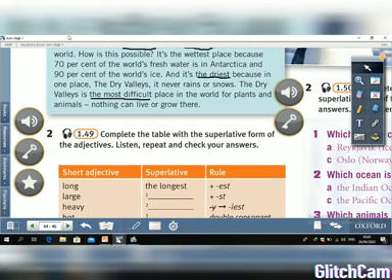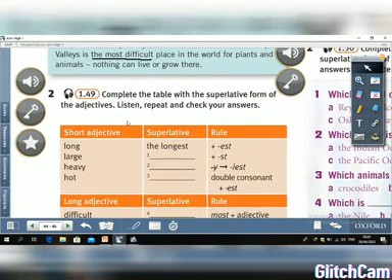When I say Ahmed is the tallest boy in the class, so Ahmed is taller than anyone in the class. No one is taller than Ahmed. So Ahmed is the tallest. So I use superlative to make comparison between one thing and a group using one adjective.